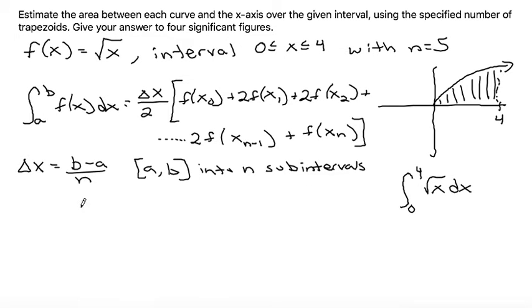The first subinterval would start with x sub 0. So if we start with x sub 0, we would end with x sub n. That's the general idea of how the subscripts work.